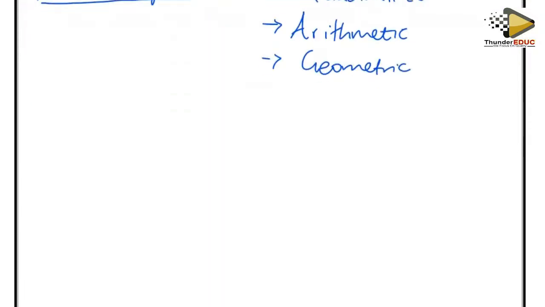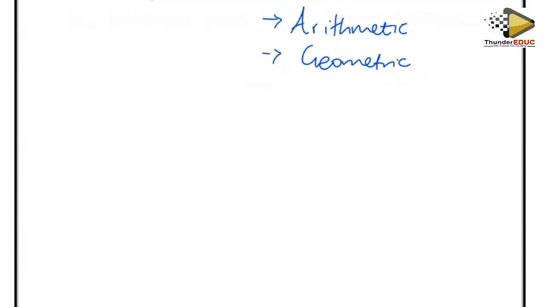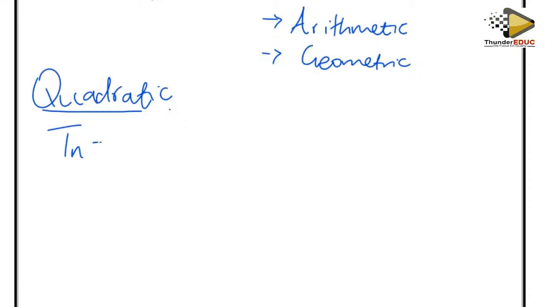Starting with the quadratic, we know that quadratic patterns are linked to parabolas. The general term of the quadratic is given as an squared plus bn plus c.